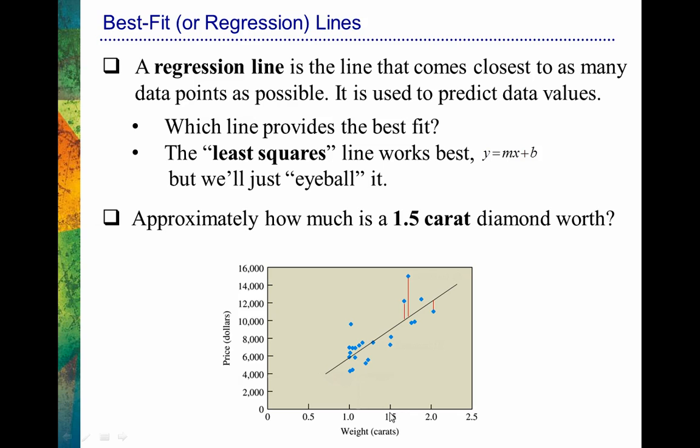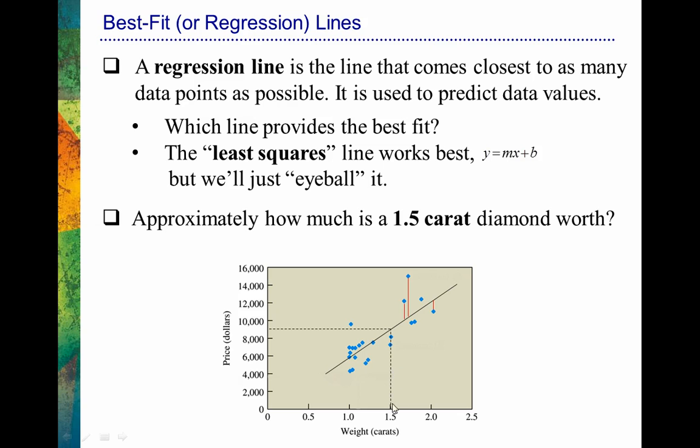So if we look right here at 1.5 carats, according to this regression line, we can see that they're worth approximately maybe $9,000, somewhere in there. And we can see a few data points. They're not completely fitting this regression line, but we can use that regression line to make a general prediction about a diamond's value. You'll see this a little bit more clearly once we go through a couple more examples.